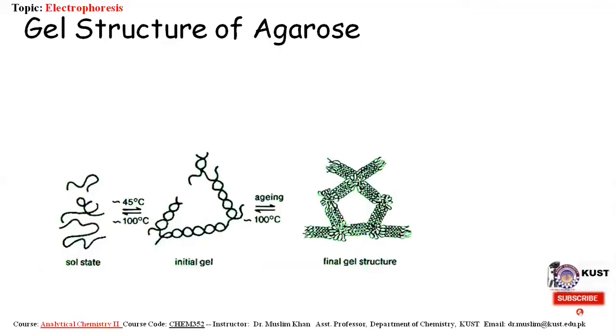The gel structure of agarose looks like this. This is the sol state, this is the initial gel, and this is the final gel structure of agarose as you change it. Till 40 degrees centigrade it is in the sol state, and after that it initially converts into a gel, while at 100 degrees centigrade, boiling water, it is completely dissolved.